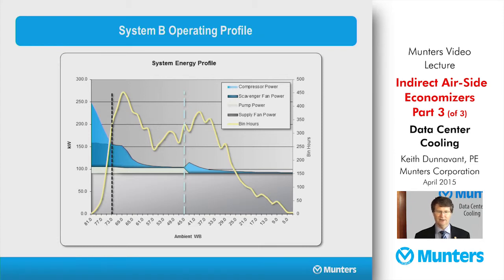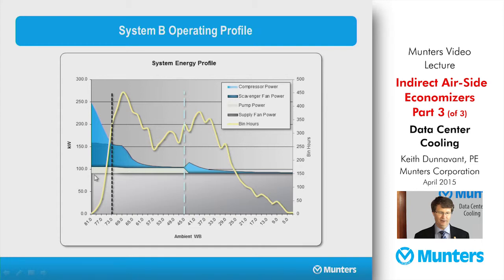This is operating in the normal mode when your N+1 unit is running. The supply fans, this is for all units, and in this case we've got 6 units running. So we're consuming less than 100 kilowatts of supply fan energy for the total 1,500 kilowatt load.